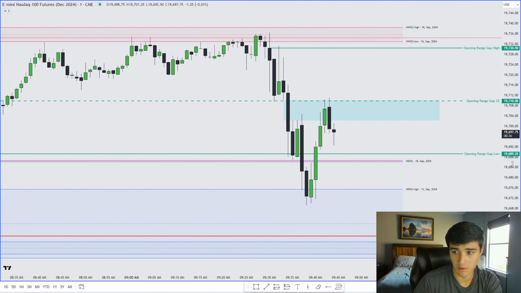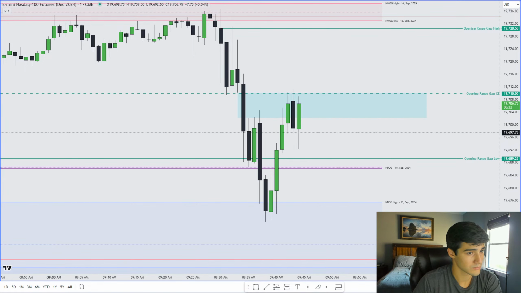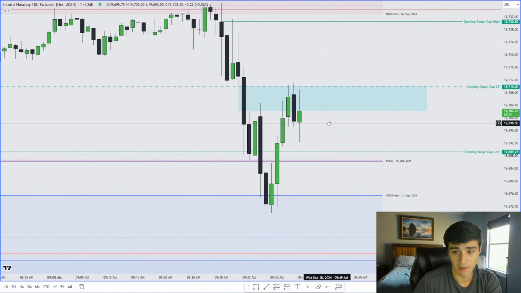Notice this imbalance below. So we're leaving a large lower wick on the 15-minute, but it looks like we're still going to close within an imbalance.